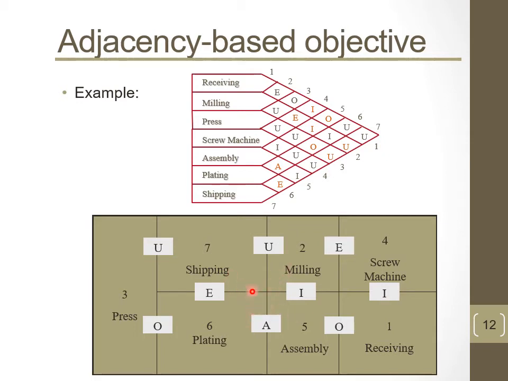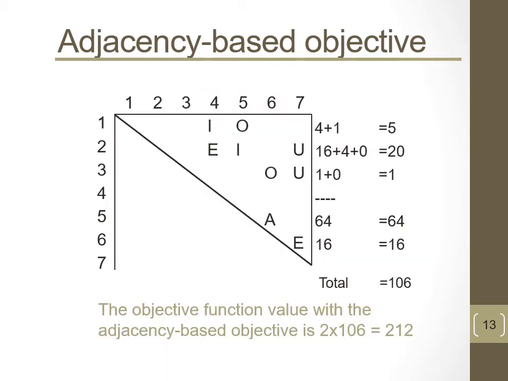And similarly, 5 and 7 are not adjacent to each other. 2 and 7, 2 and 5, 6 and 5 are adjacent, but 5 and 7, 2 and 6, or 2 and 1, these are not adjacent. Similarly, 3 and 2 are not adjacent because they don't share a common side. Okay, so we identify each one of these adjacencies and we write their relationship values on the block diagram.